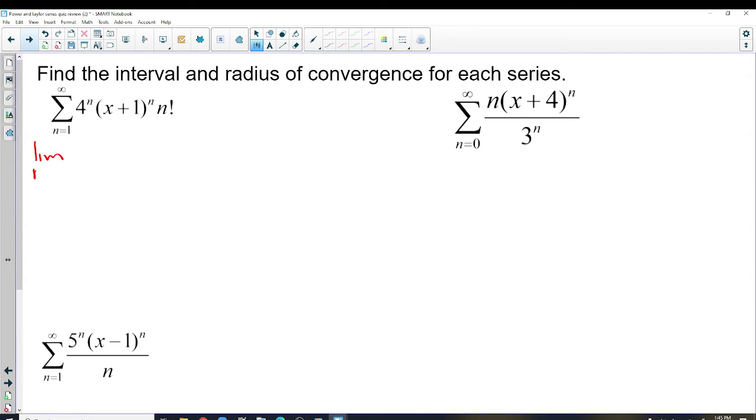So we have the limit as n approaches infinity of the absolute value of 4 to the n plus 1, x plus 1 to the n plus 1, and n plus 1 factorial, over 4 to the n, x plus 1 to the n, n factorial.